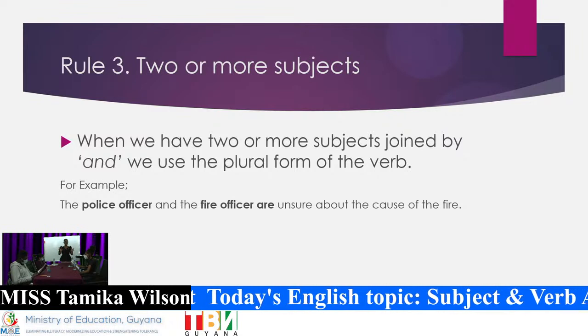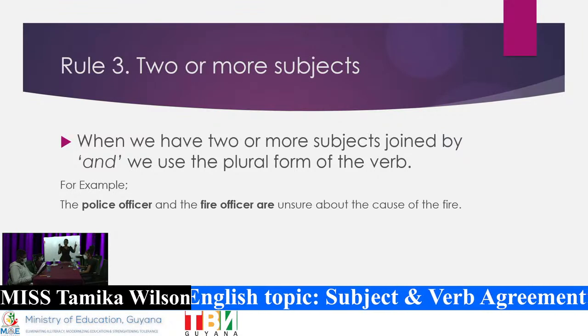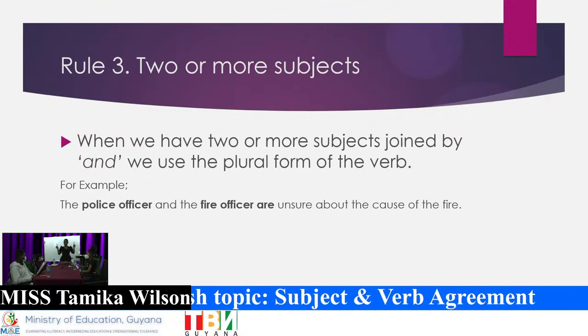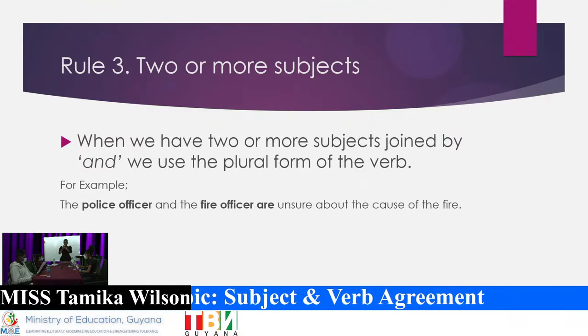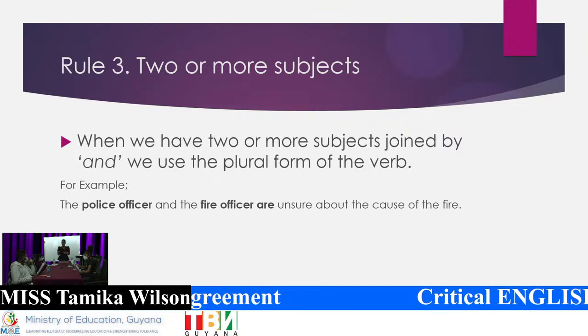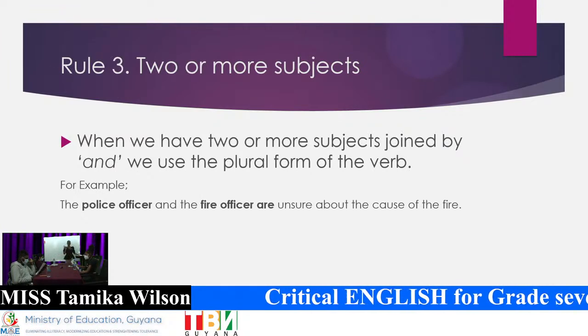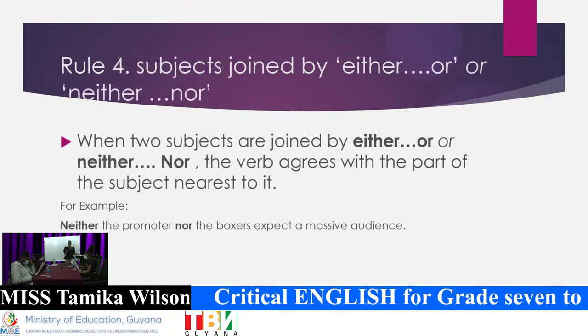Who are the subjects? The police officer, one. The fire officer, one. When we put them together, we get two, which means that our subject is what? Plural. And so we have to use the plural form of the verb. See how the underlying principle is working? All right? Example. So those three are more or less easy.